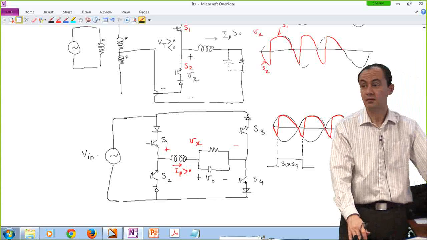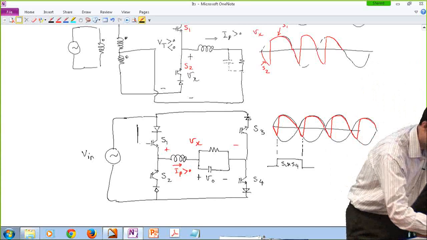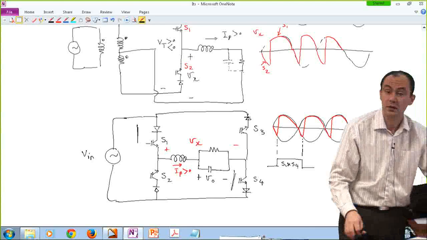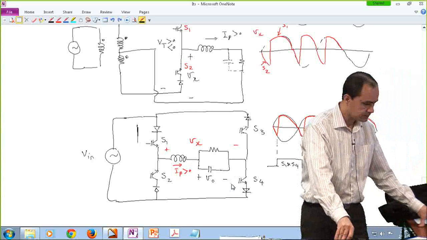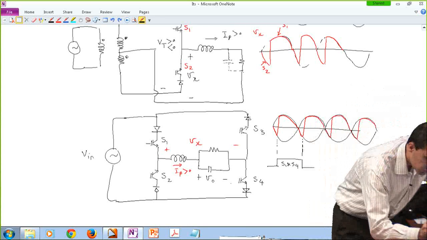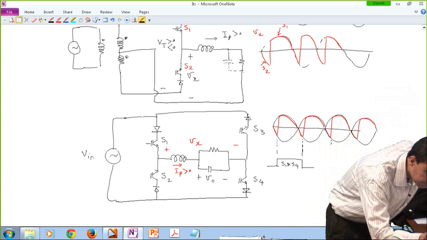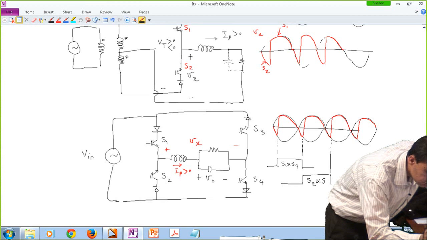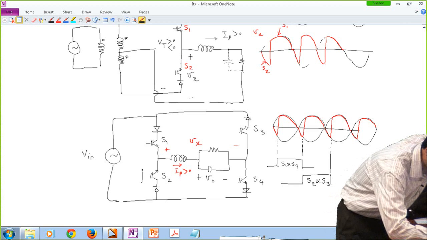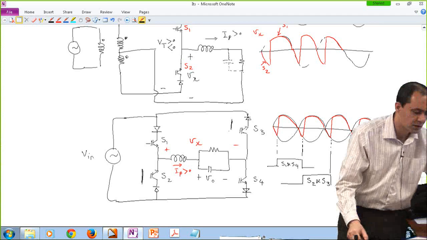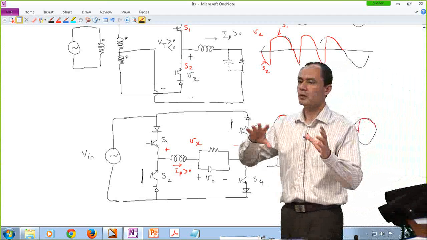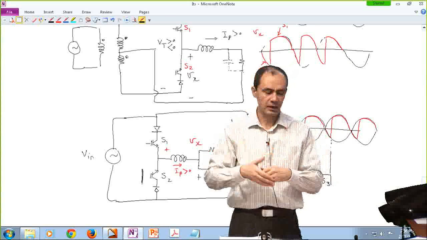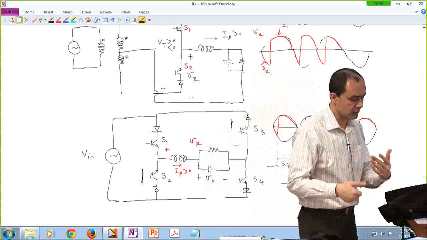Vx is just following Vin, because we have a short circuit here, and a short circuit here. Otherwise, we have to turn S2 and S3 on. In that case, this switch is on, this switch is on. It's like our input and output are equal with the negative polarity involved. So technically we are following negative Vn.